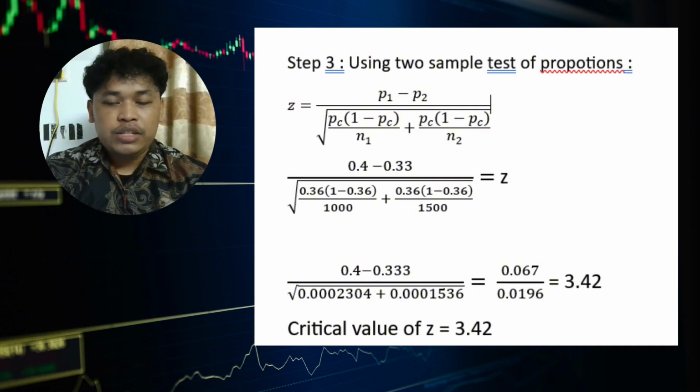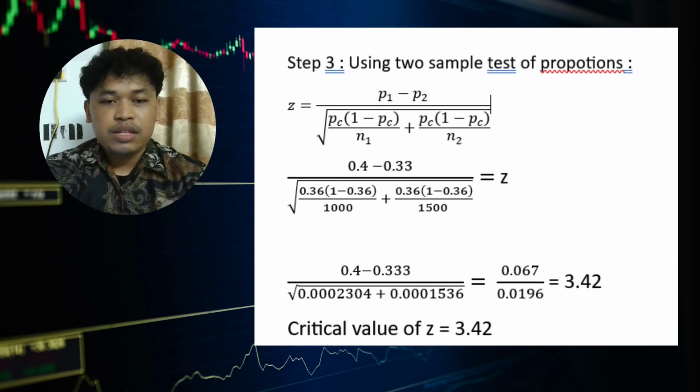So we get 0.4 minus 0.33 divided by the square root of 0.36 multiplied by 1 minus 0.36 divided by 1000, plus 0.36 multiplied by 1 minus 0.36 divided by 1500. We get 0.067 divided by 0.0196, which is 3.42. So our calculated Z value is 3.42.